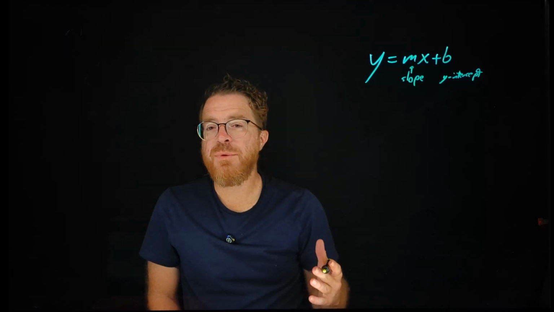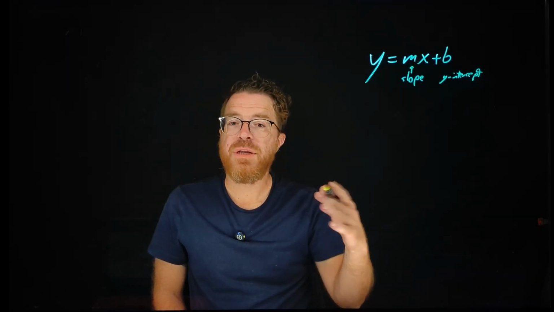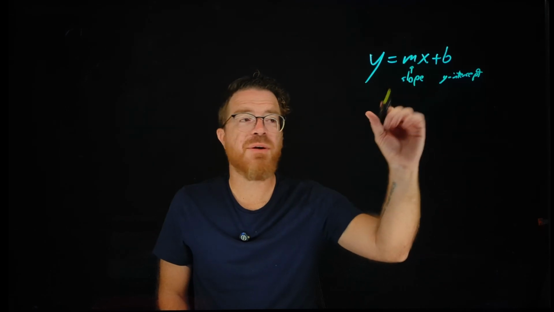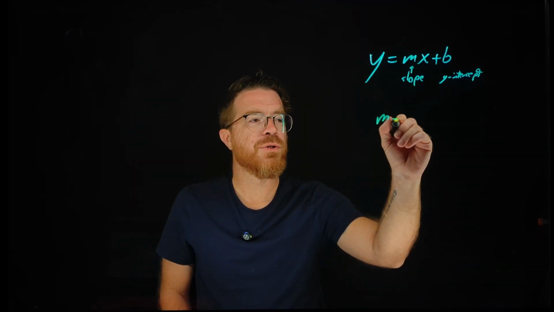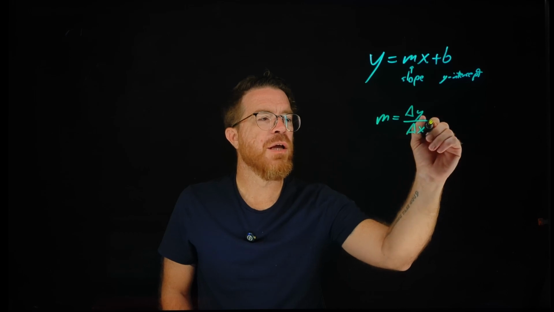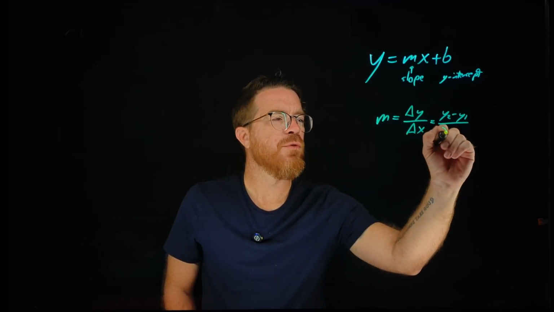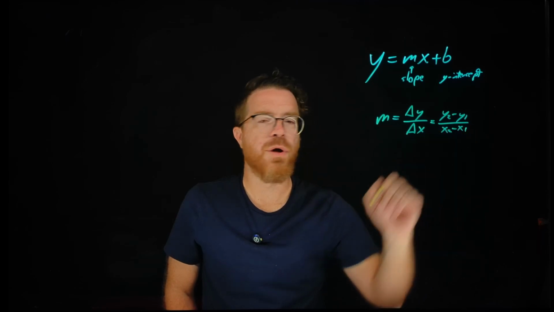You may know this from other classes, but how do we actually find this? Well, if you had two data points, you can figure this out pretty easily, first by figuring out our slope, where our slope is going to be the change in y divided by the change in x, which really just means y2 minus y1 over x2 minus x1.